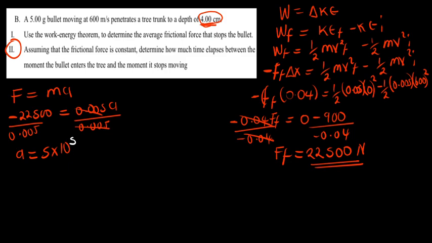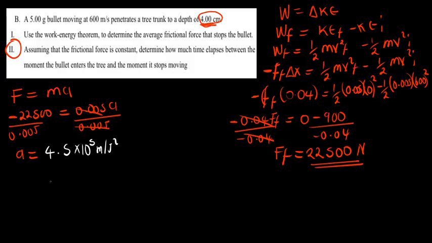After doing that, I think the best way, if I use that one, it will have a lot of errors. Let me just use this one, 4.5 times 10 to the power 5 meters per second squared.